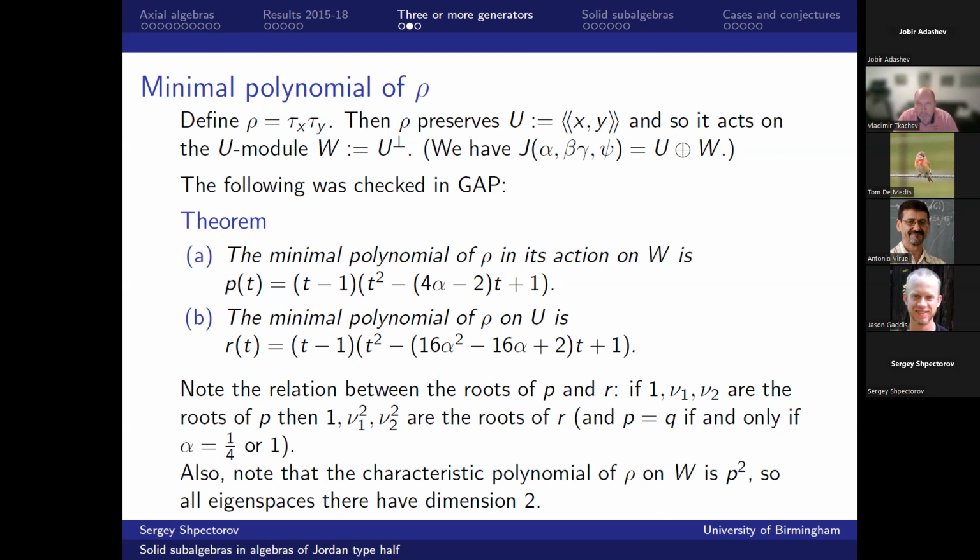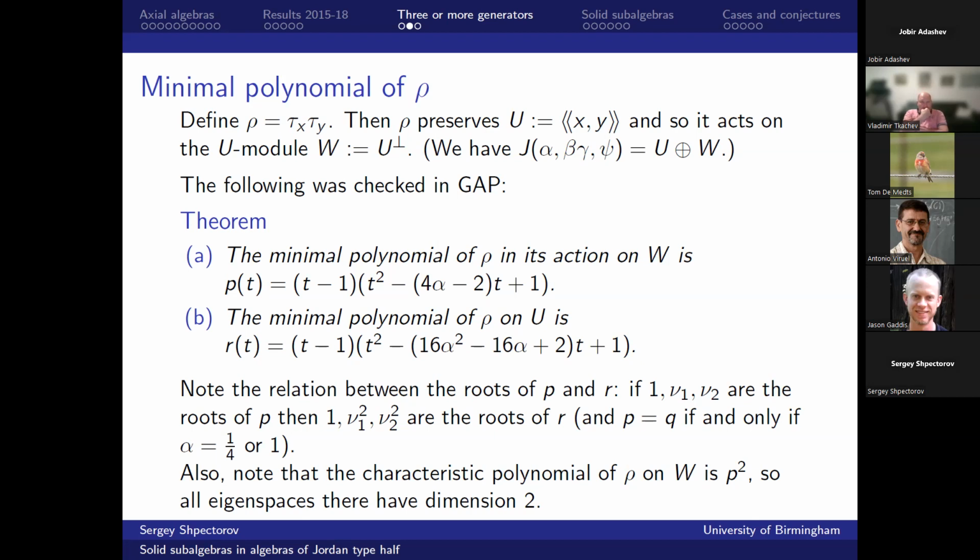Then this rho, if you check how tau X, tau Y are defined, tau X and tau Y always preserve every algebra that X and Y are contained in. And therefore, this rho also preserves the subalgebra X and Y generate. So this is that three-dimensional algebra that we discussed. Okay, it was in terms of phi. Now phi is called alpha. So phi and alpha are the same.